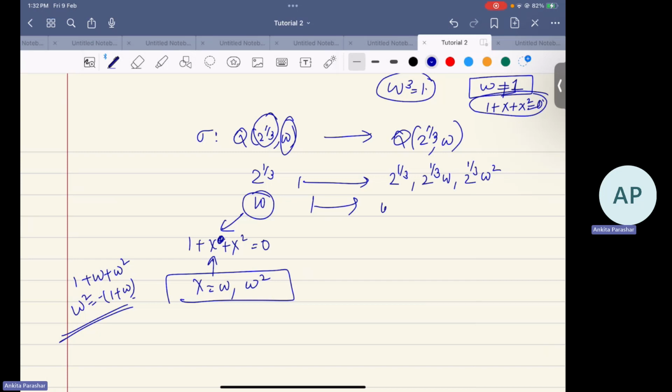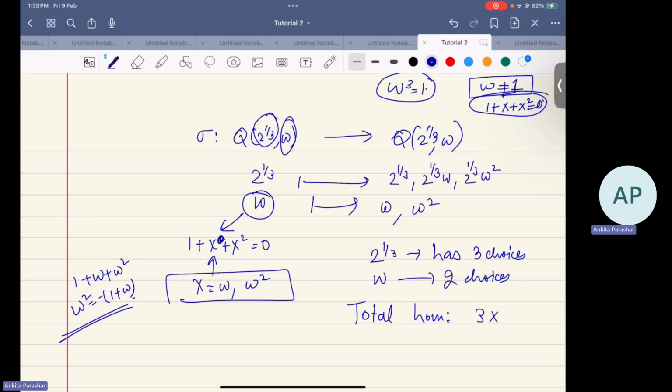All right, so either omega can go to omega or it can go to omega square. So 2 power 1 by 3 has 3 choices, omega has 2 choices. So total homomorphisms will be 3 into 2, 6 many.